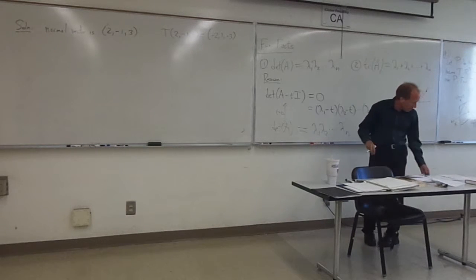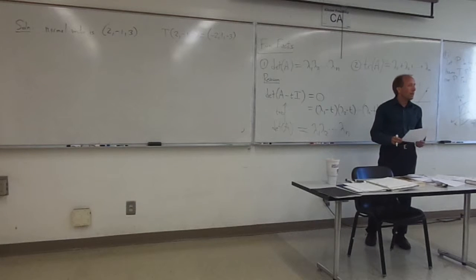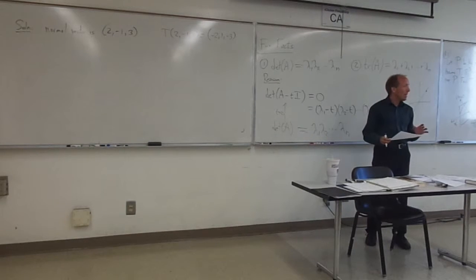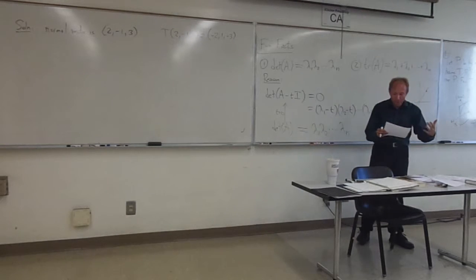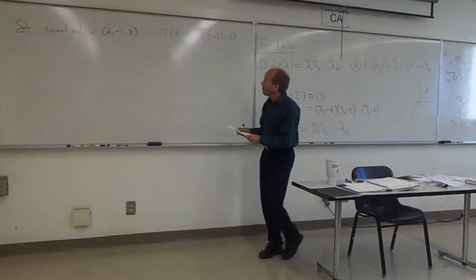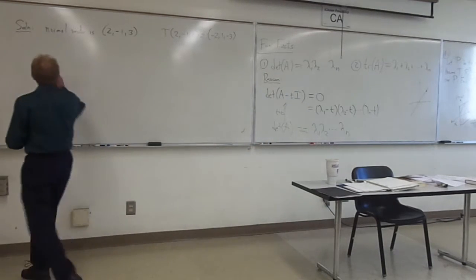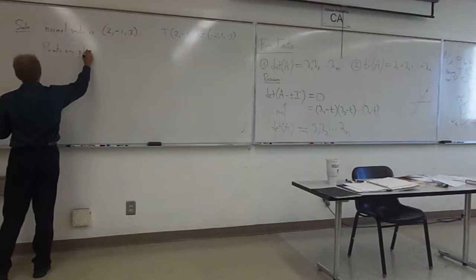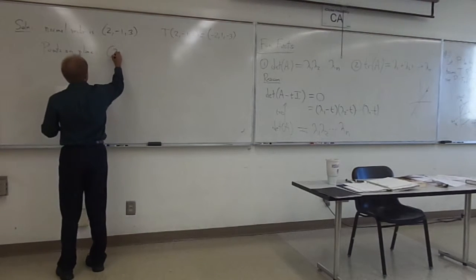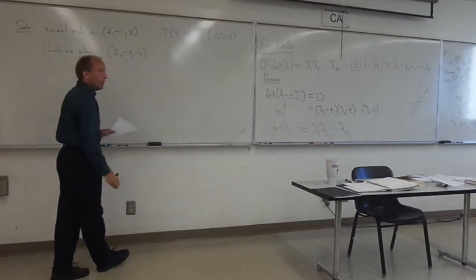So we need some points that are on the plane, and for the benefit of making this problem not become a disaster later, would you allow me to pick some points? There are many points that you could pick, but I have notes that are well worked out for specific points, so I'd really appreciate it if I could choose them. Okay, so points on the plane. Would you agree that (2, -1, -1) is on the plane?